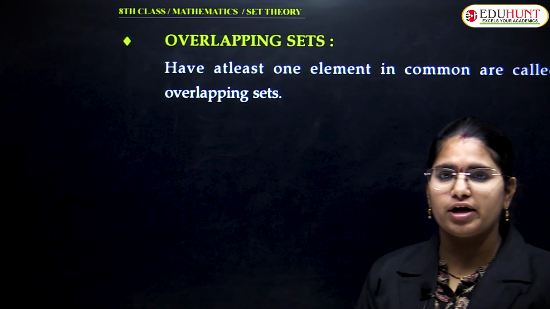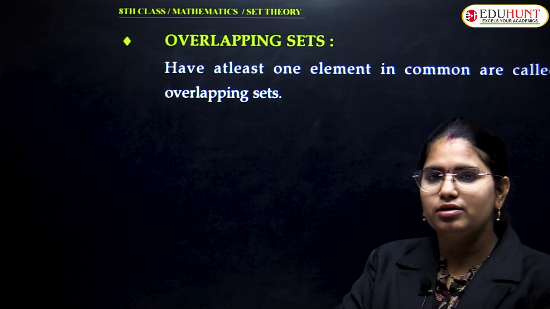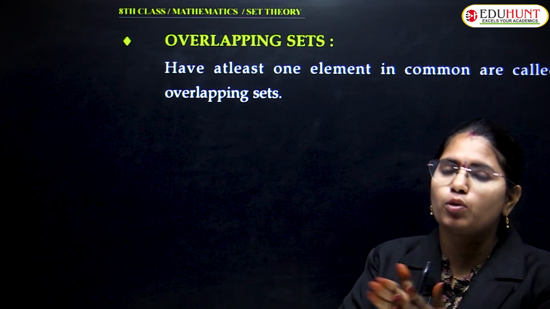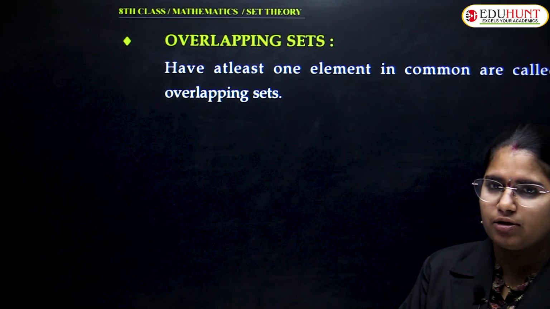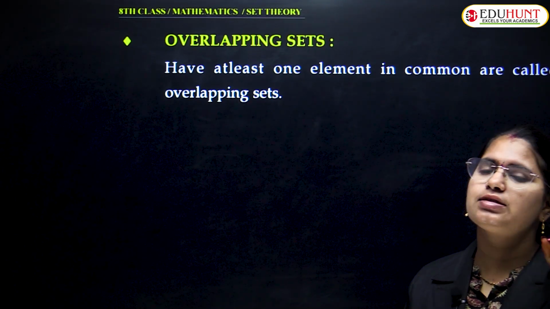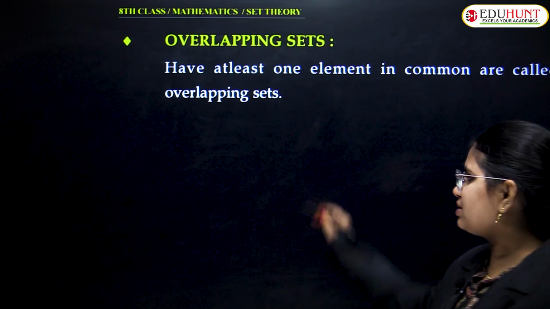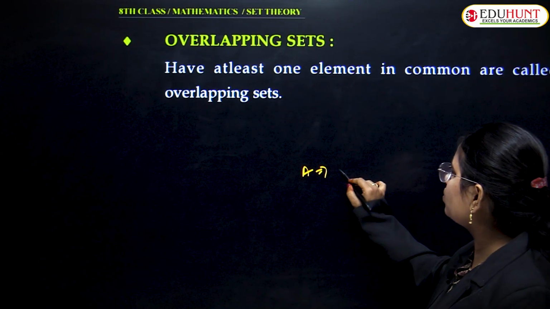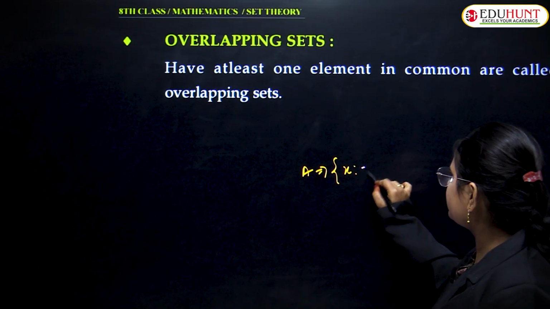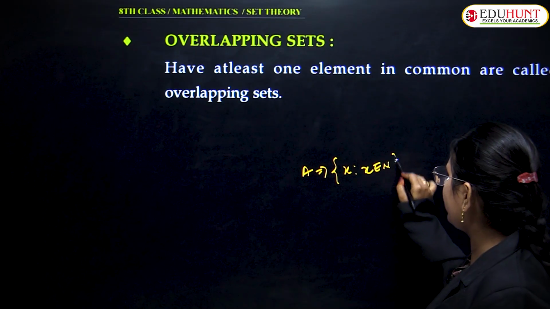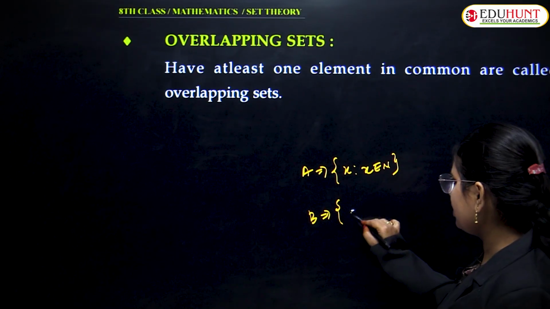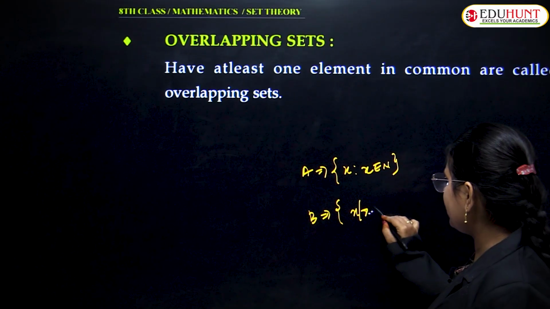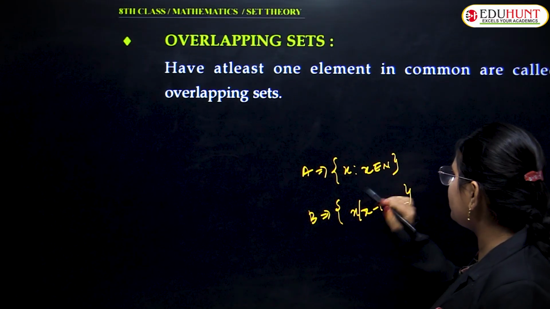Overlapping means you know, right? One on another. The actual meaning of overlap is one on another. That means you'll have an intersection element, right? At least one intersection element must be there. For example, if A is equal to {x such that x belongs to N}, let me define B as {x such that x minus 1 equals 0}.